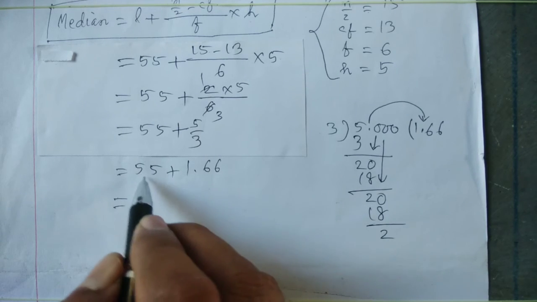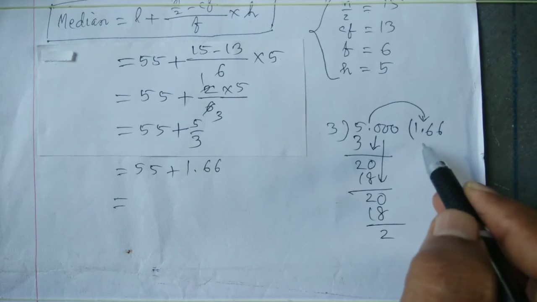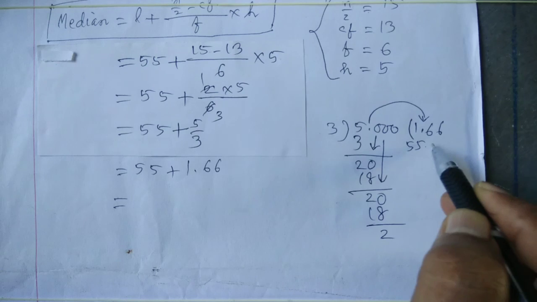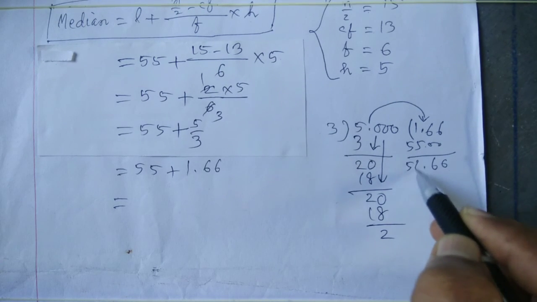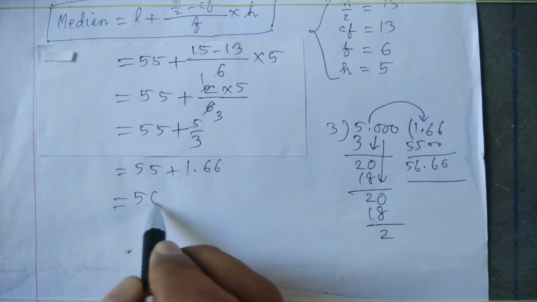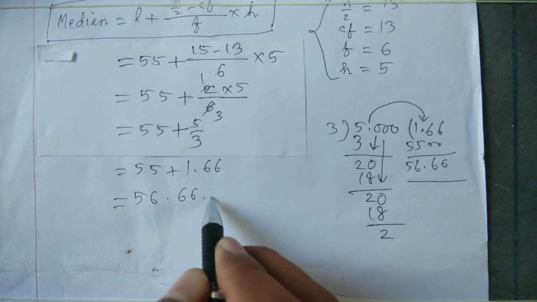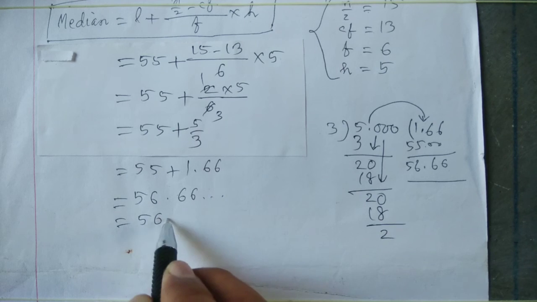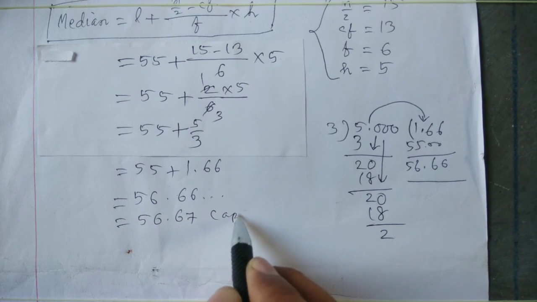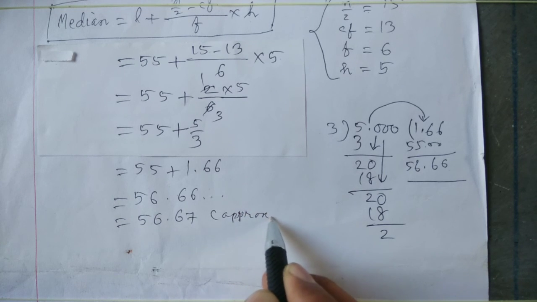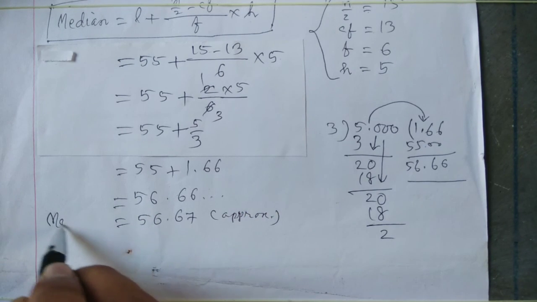We add this to 55, giving 56.666 and so on. So 56.67 approximately. So this is the median.